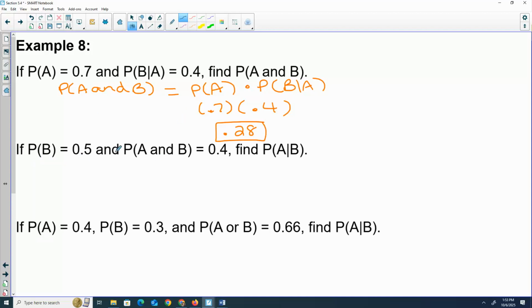I could use that same formula to help here. The probability of A and B. I have the probability of B, so this would have to be A given that B already happened.